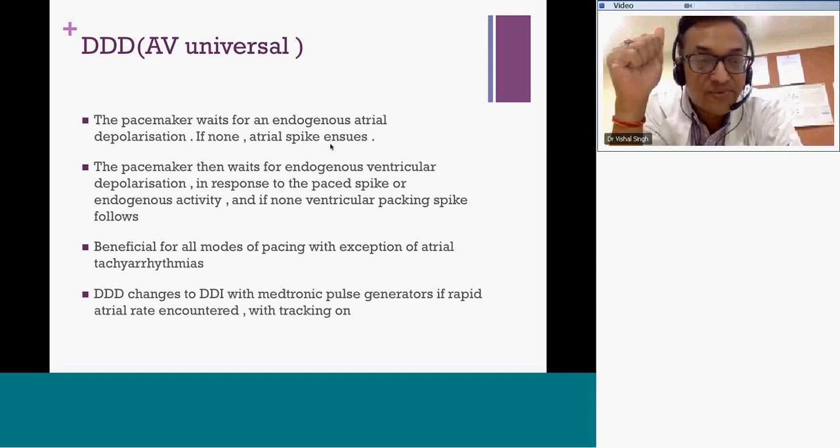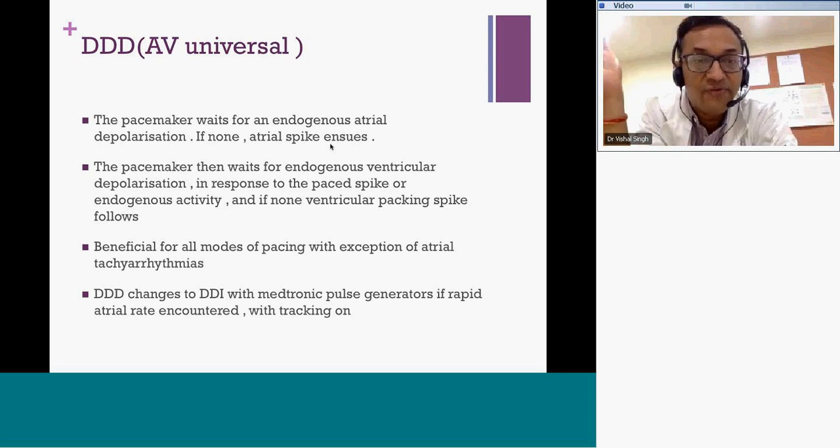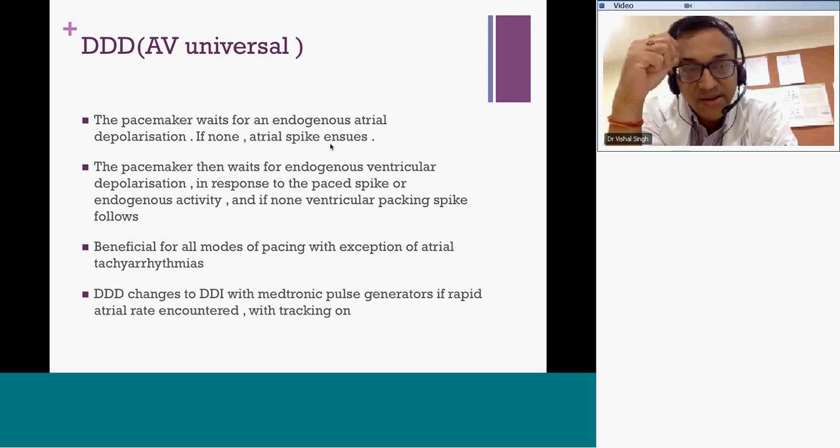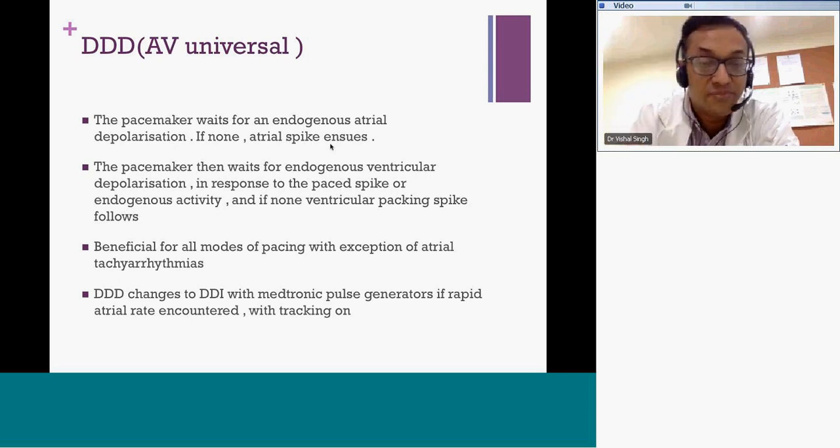For all modes of pacing, with the exception of atrial tachyarrhythmias, remember, atrial tachyarrhythmias, if they are tracked, will lead to a very fast ventricular rate. DDD changes to DDI with Medtronic pulse generators if a rapid atrial rate is encountered with tracking on. Safety mechanism: atrial tracking goes off. So there's the same pacing rate at what you're pacing. Okay.